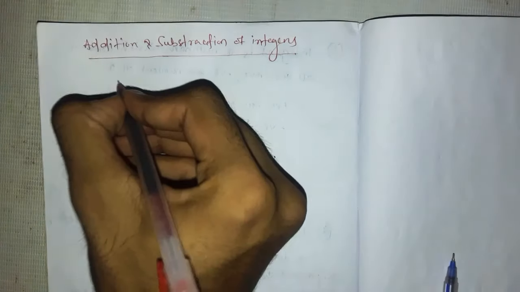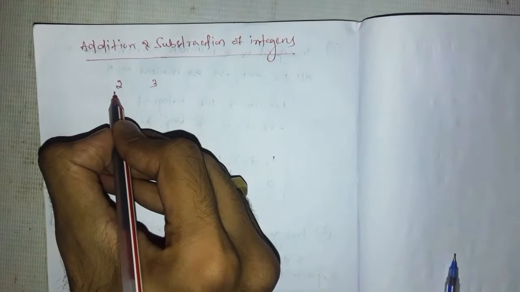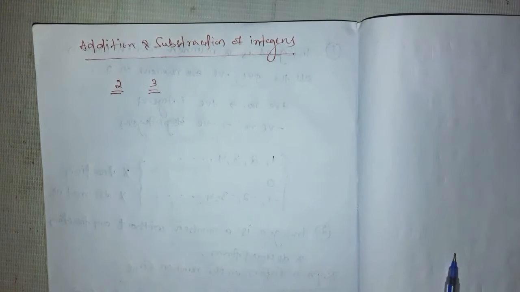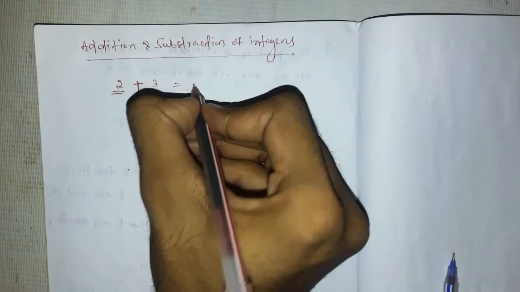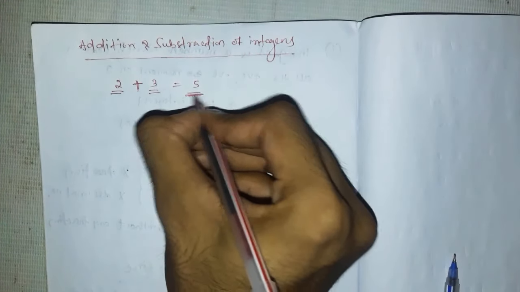Let's take two numbers. The first number is 2, the second number is 3. Look at this, 2 is a positive number, whereas 3 is also a positive number. If I add these two numbers, what number will we get? +5. And 5 is also a positive number.